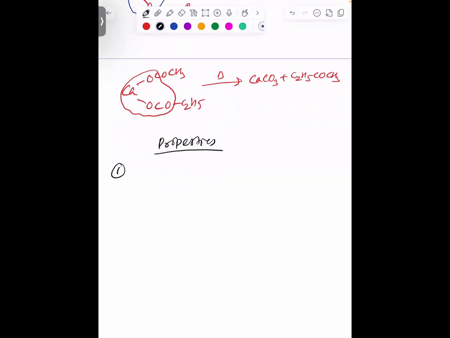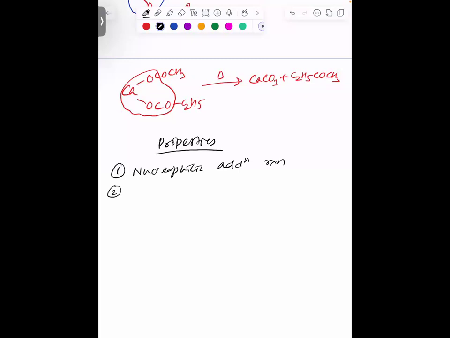Due to the presence of unsaturated bond, it can undergo addition reaction. The addition reaction can be nucleophilic addition, electrophilic addition, or free radical addition. In aldehyde and ketone, which type of addition reaction is taking place? It is nucleophilic addition reaction.